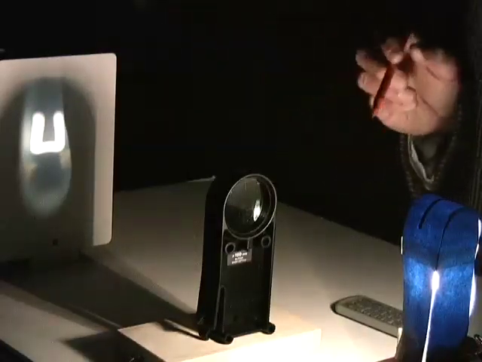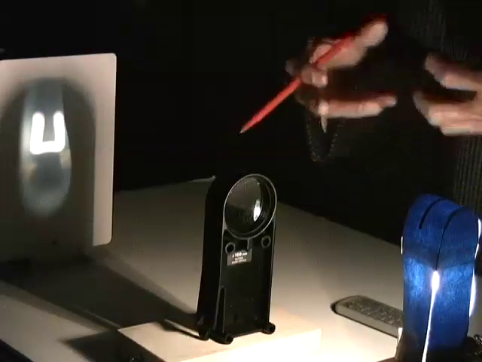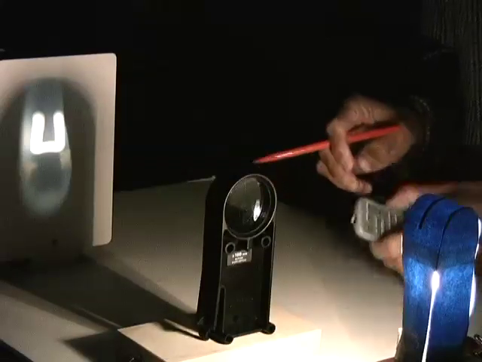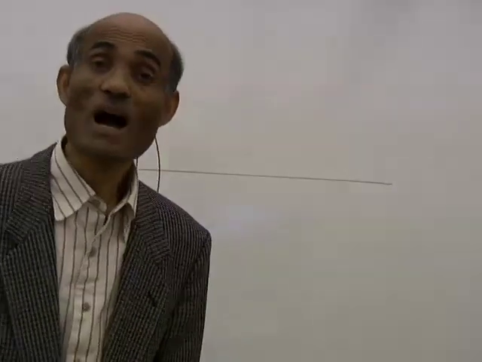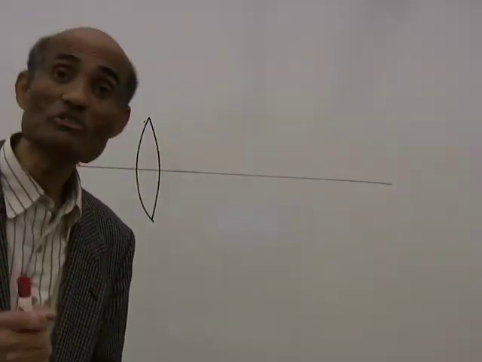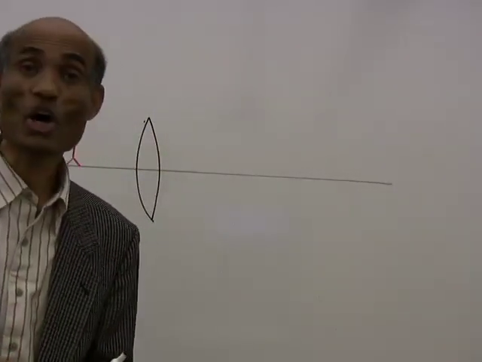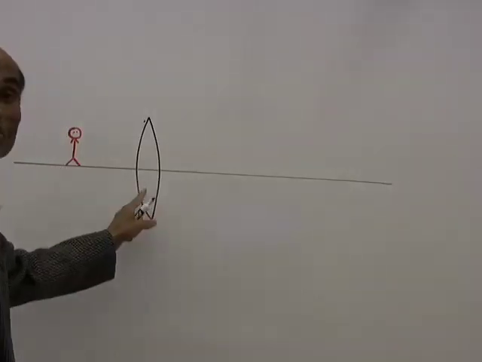Alright, now before we come and do the lab, let me discuss a little more on the lenses. Let me show you how we can construct images on a convex lens, on a converging lens.